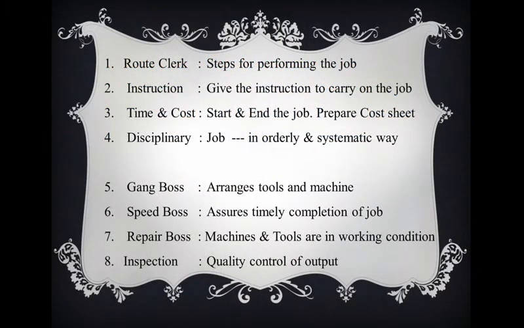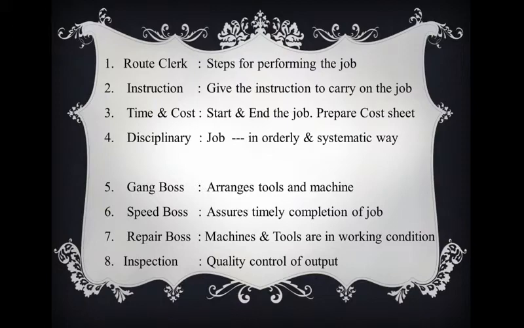The first one is route clerk. This foreman is responsible to fix up the sequence of steps for performing the job. Next is instruction clerk. This foreman is responsible for giving general instructions necessary to carry on the job in a specific manner.